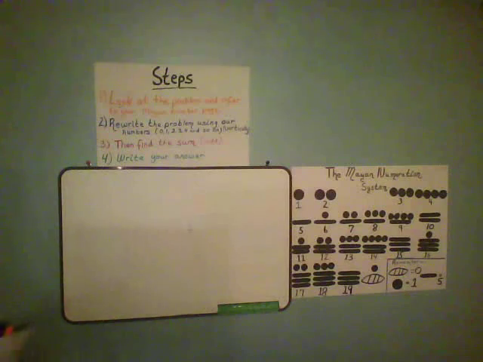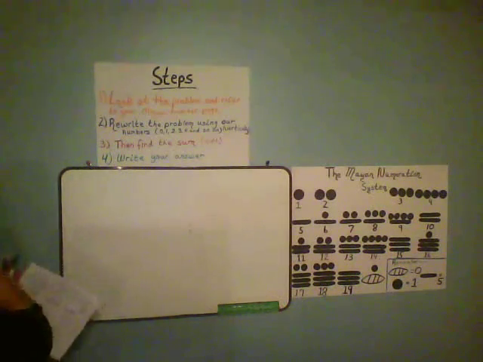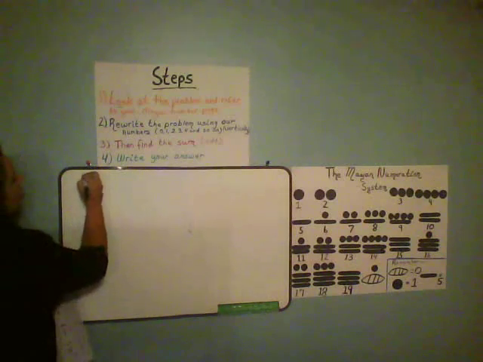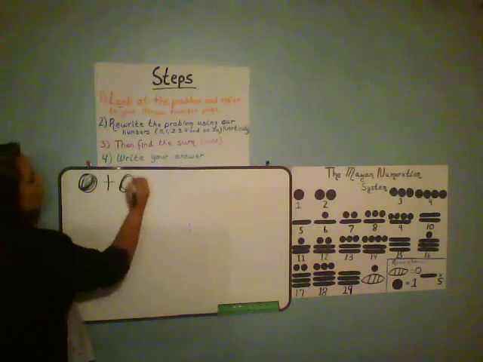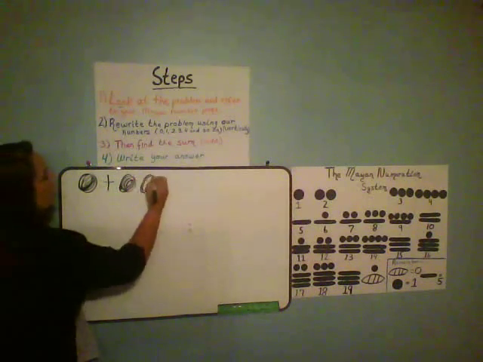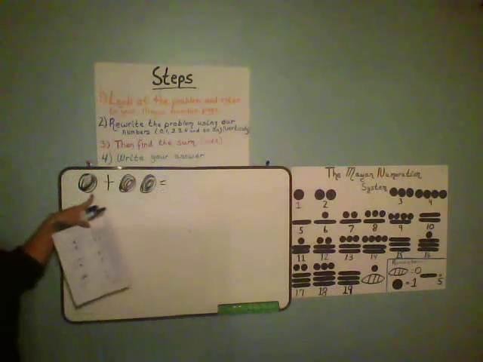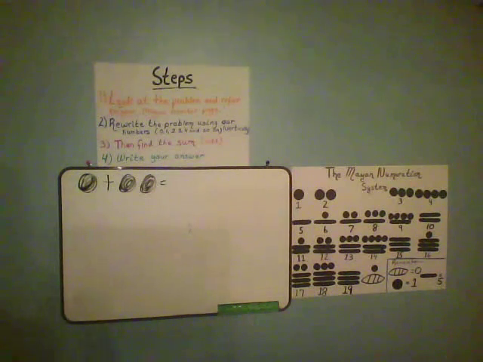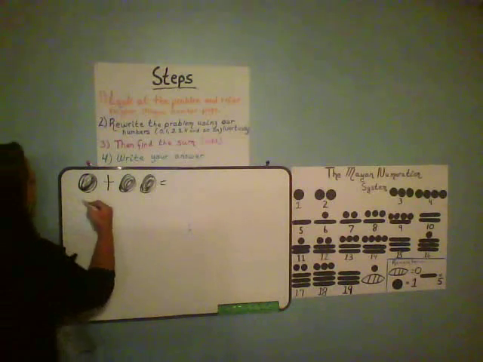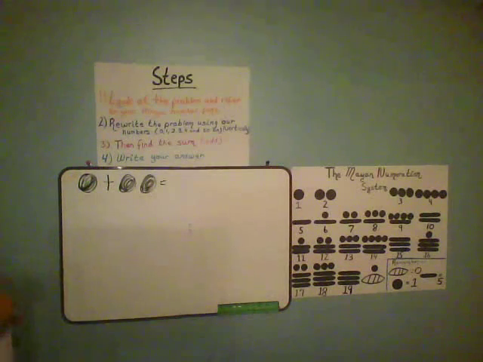So as we know, practice makes perfect. So let's do some examples. So we have 1 rock plus 2 rocks equals. I know I'm an artist, but 1 rock plus 2 rocks equals what? So our first step is going to be look at the problem, and refer to your Mayan chart.